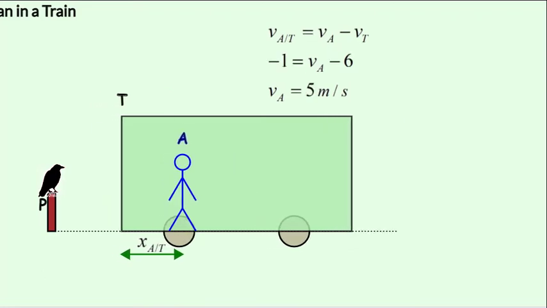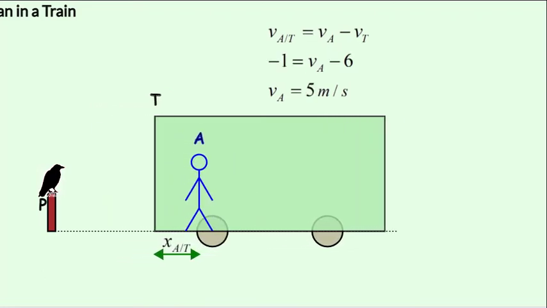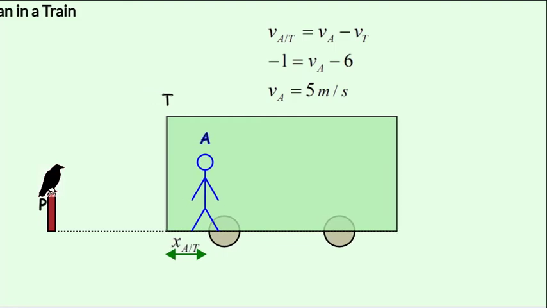This time, the man walks leftward inside a moving train. So while the train moves towards the right with a speed of 6 meters per second, the man walks towards the left with a speed of 1 meter per second with respect to the train.